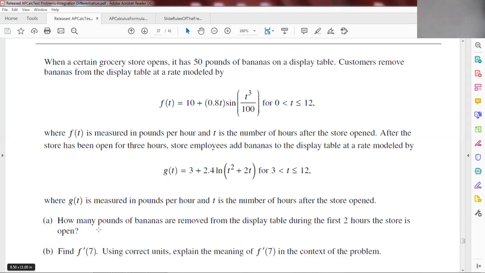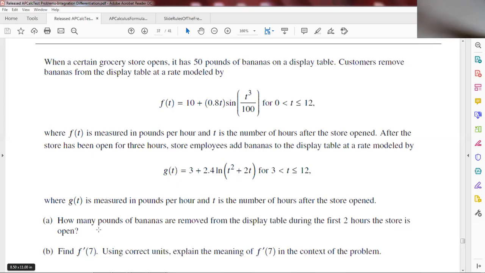After the store has been open for 3 hours, store employees add bananas to the display table at the rate modeled by the function g of t. Again, g of t is measured in pounds per hour, and t is the number of hours after the store is open, correct? Now, remember this.